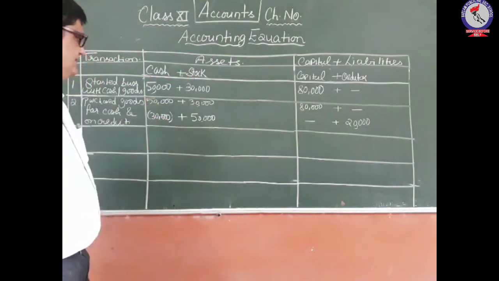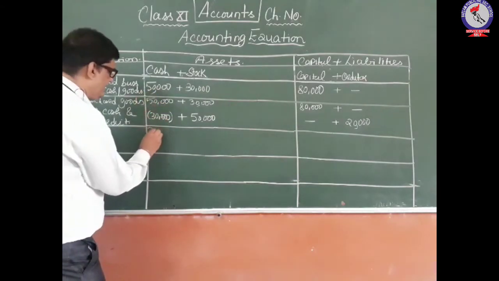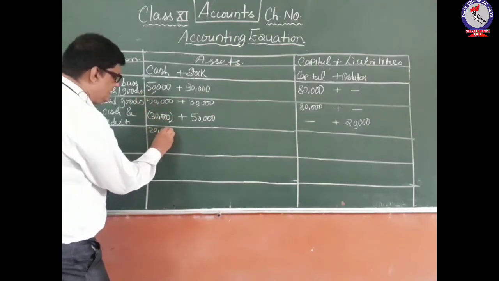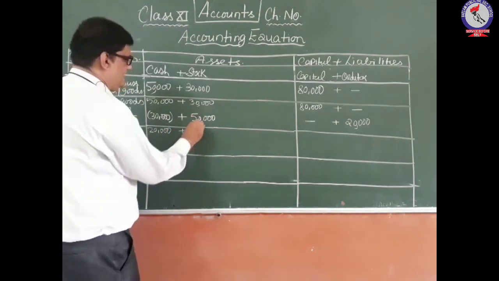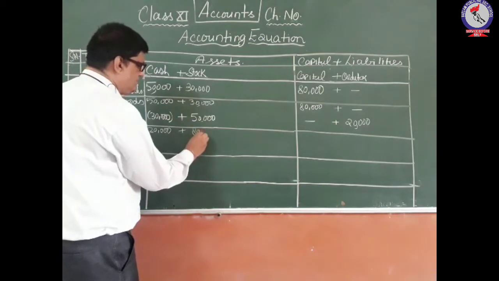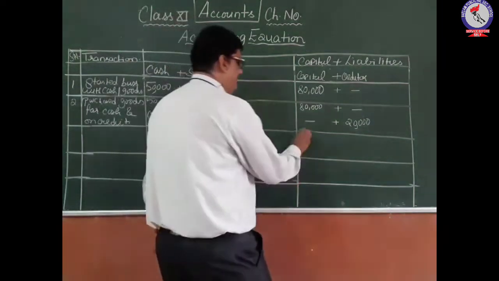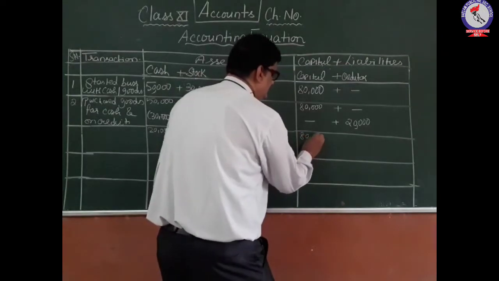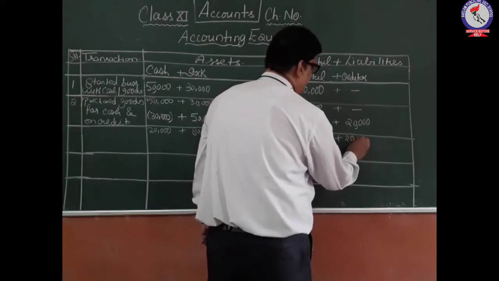After this equation, the balancing figure of 20,000 is still with us in the form of cash. Now 80,000 is the total amount of goods in stock, capital is 80,000, and 20,000 is the creditor.